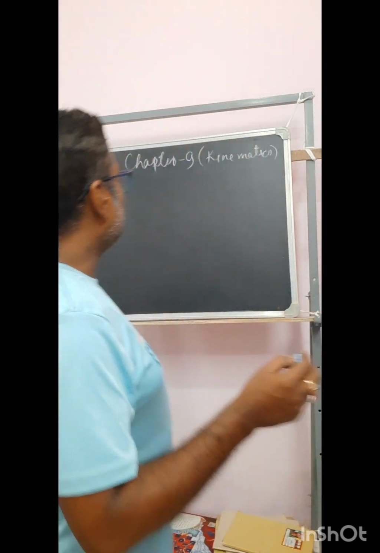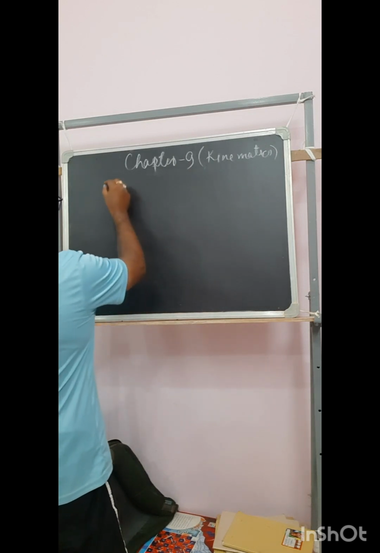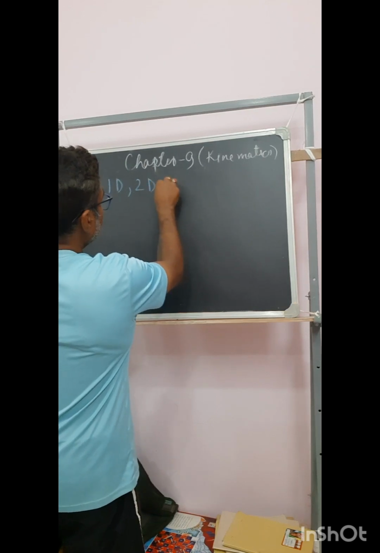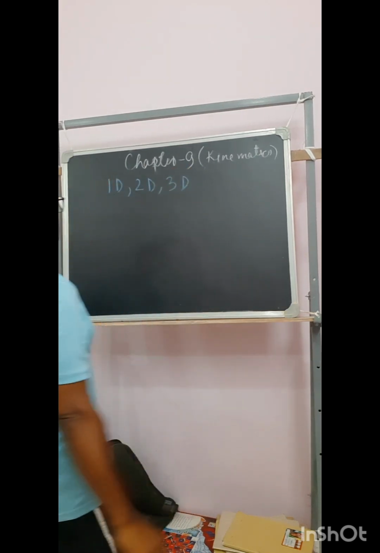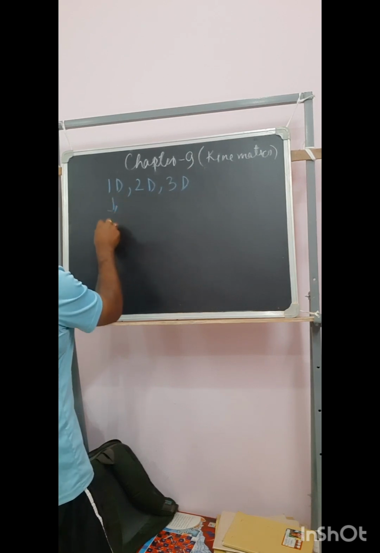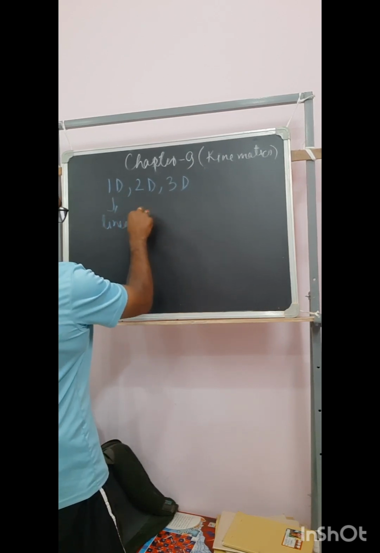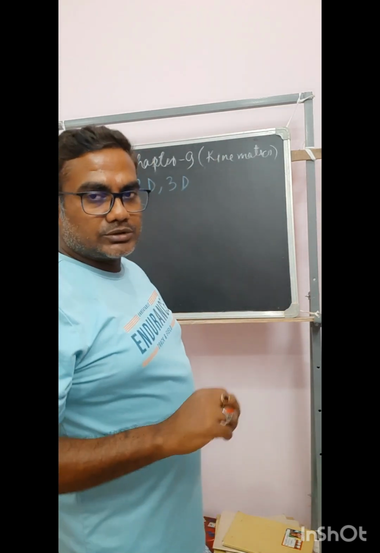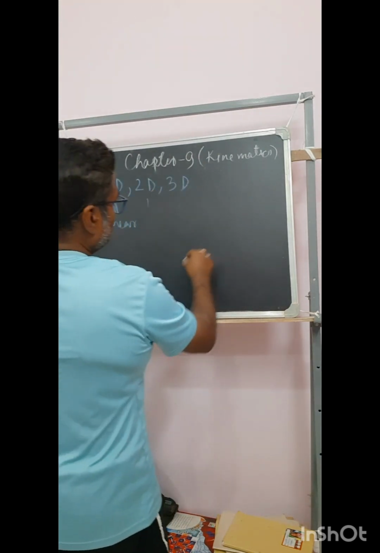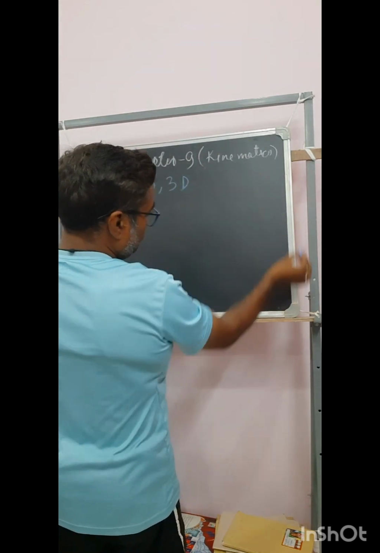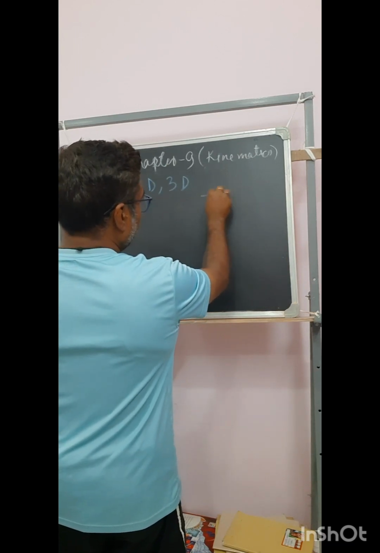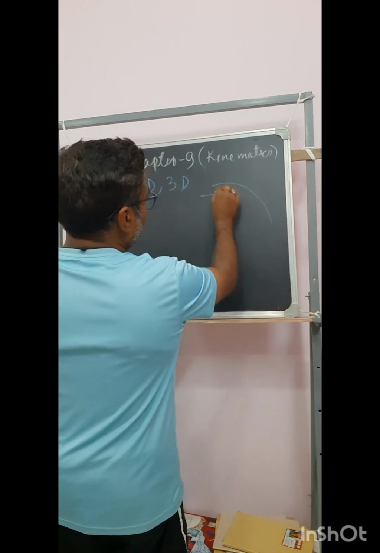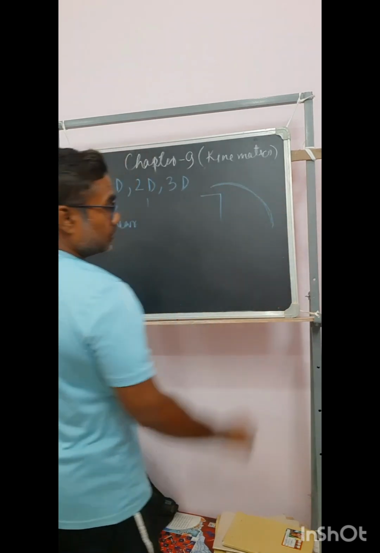So as I said, the motion may be of a kind 1D, 2D and 3D. What do those imply? 1D is when the motion is linear, that means it is following a single line, and there is no other component of the motion. 2D is when the motion is following two directions, like if I am standing on a roof and throwing a pebble or a ball, it will fall following a curved path.